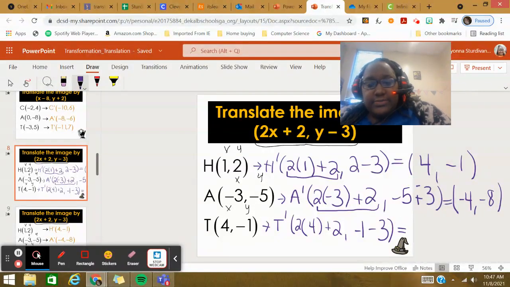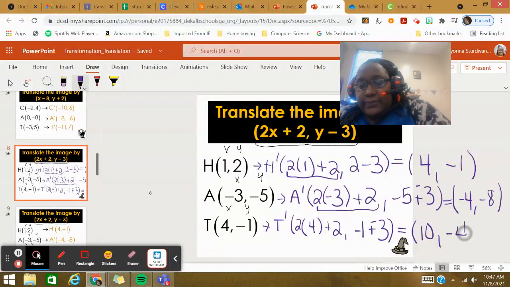So I get 2 times 4 is going to give me 8, and then I have to add 2. So 8 plus 2 will give me 10. And then I have negative 1 minus 3. Again, I would change this to a positive. So I'm adding 2 negative numbers together. So negative 1 plus a negative 3 is going to give me a negative 4.